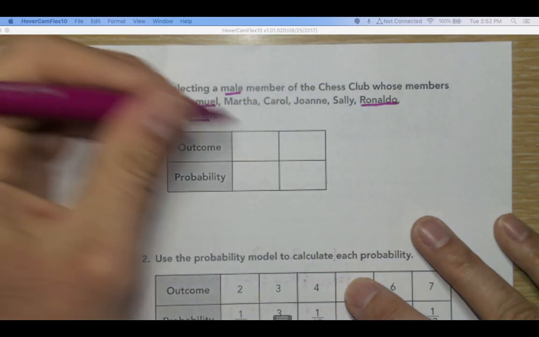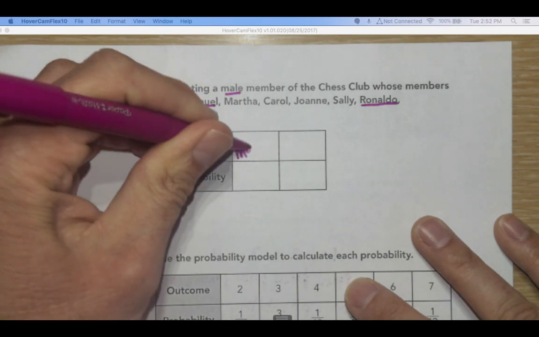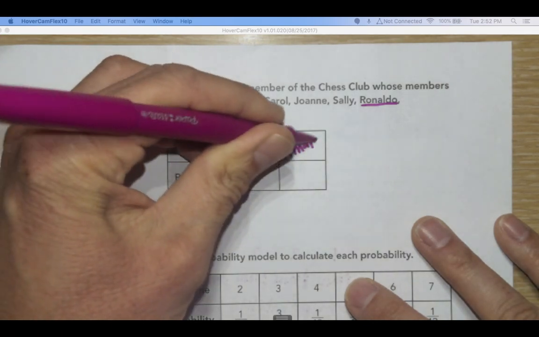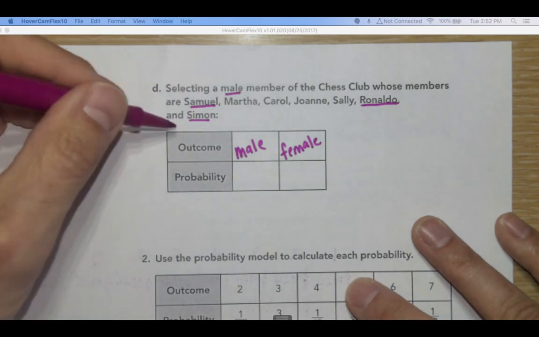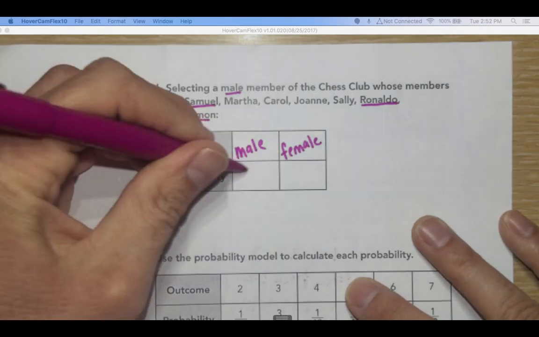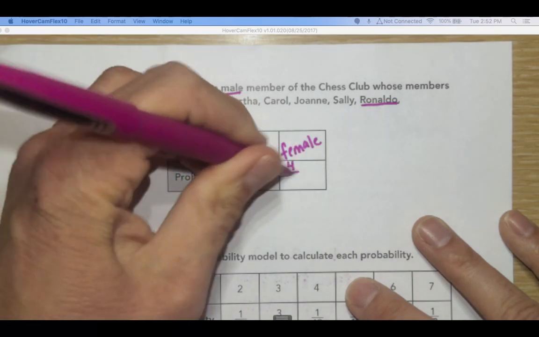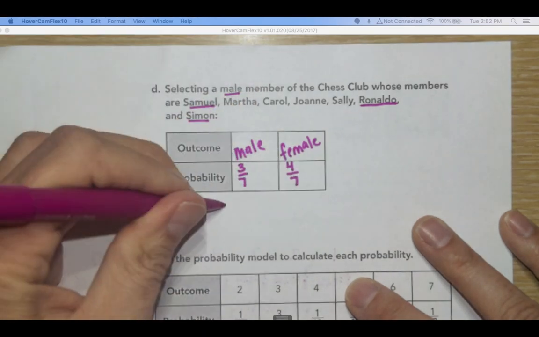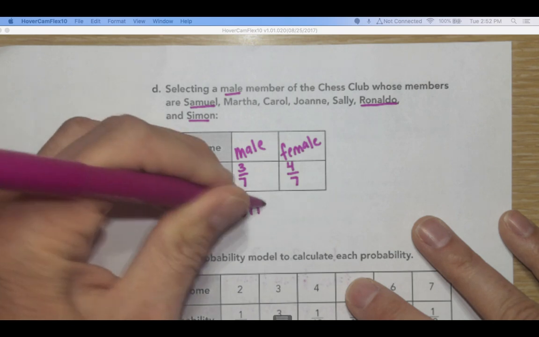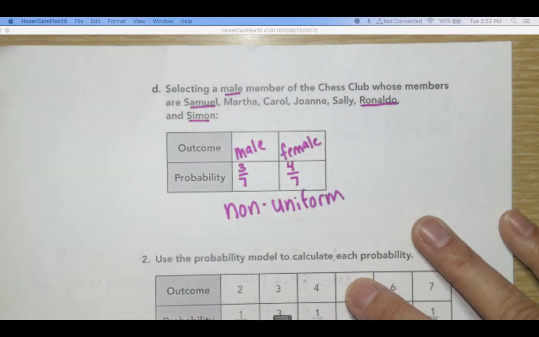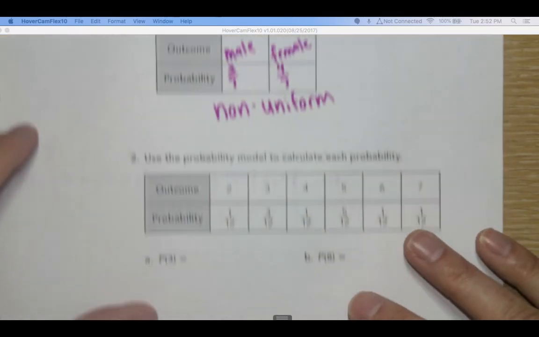The outcome is either male or female. The probability for male is 3 out of 7. For female, it is 4 out of 7. So this is a non-uniform probability model because they're not the same.